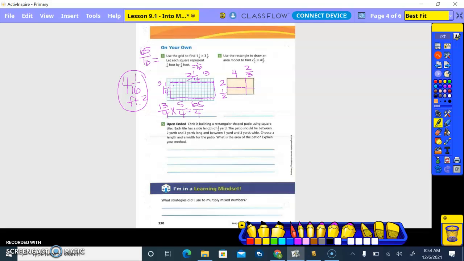So 4 times 2 is 8. 2/1 times 2/3 would be 4/3. 4/1 times 1/2 would be what? 4/2, which equals 2. 1/2 times 2/3 would be what? 2/6, right? Which 2/6 is also equal to what?